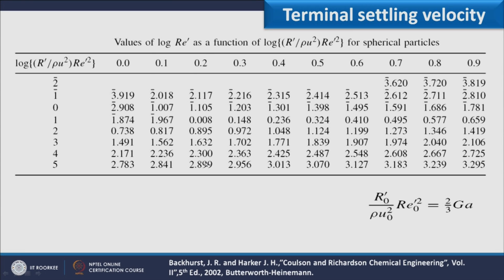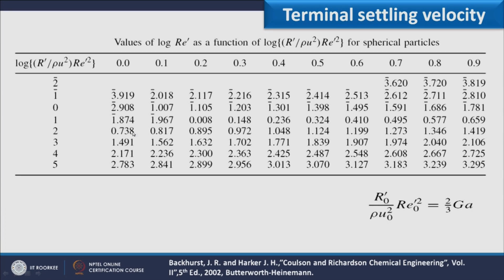For example, if log of this is coming as 2.15, you can see here we have the value of log R dash by rho u square into Re dash square. Here we have the value 2, and I have to find the log Reynolds number value corresponding to 2.15.